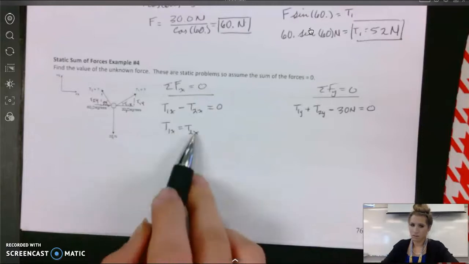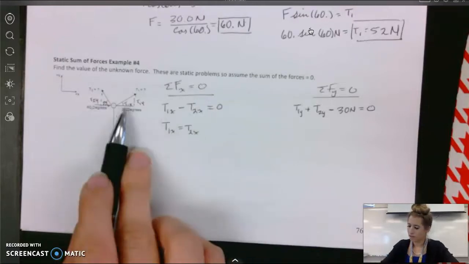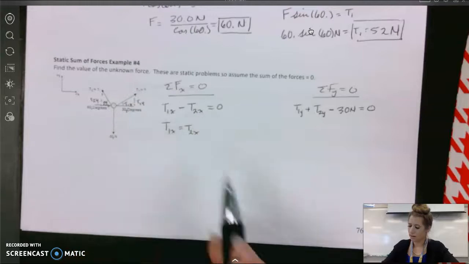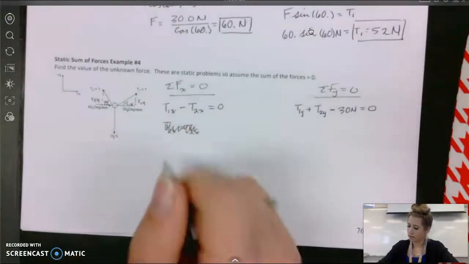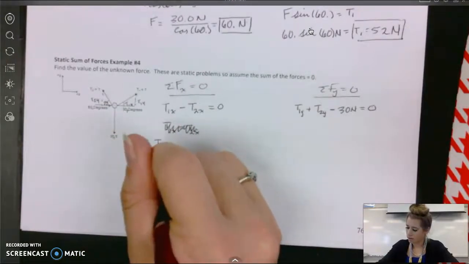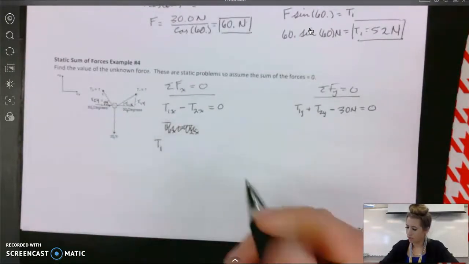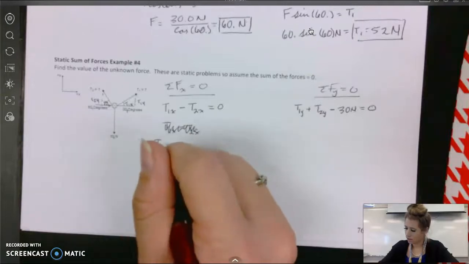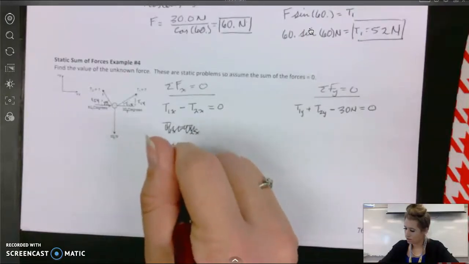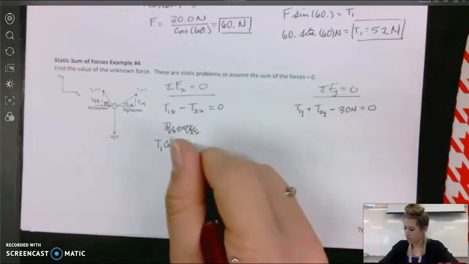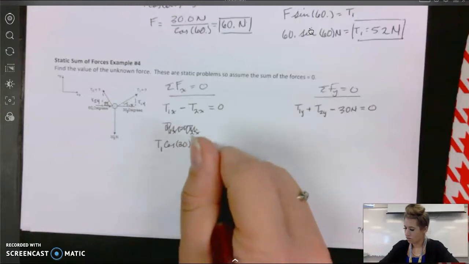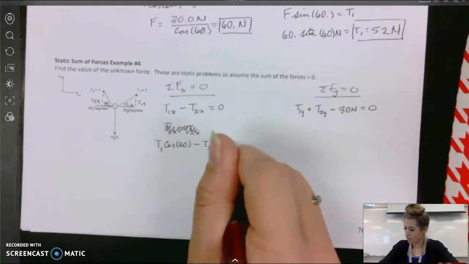So on this one, the x component, we could write that out again, right? So we could say T1 in the x, well, that's going to be T1 cosine 30 degrees. And then we can minus that from T2 cosine of 60 degrees.